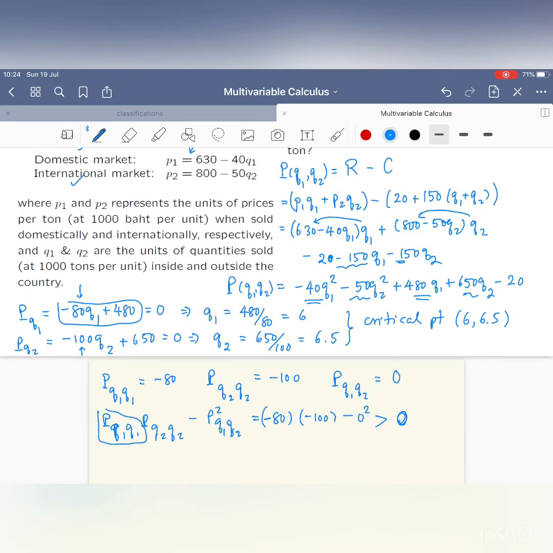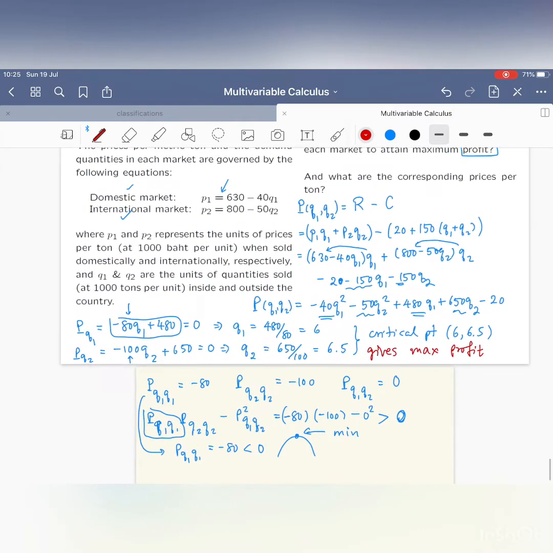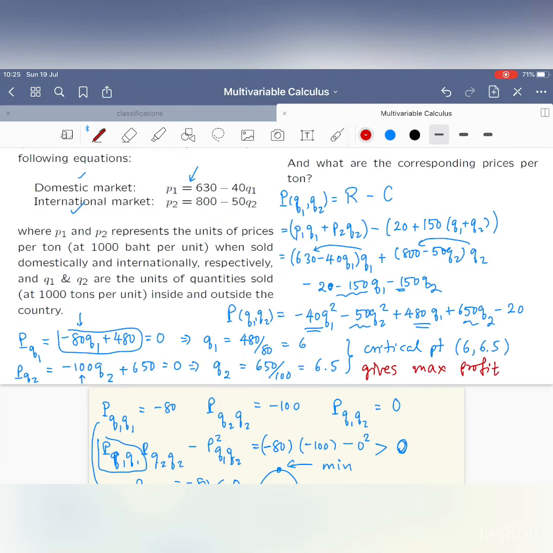Look at one of them, P sub Q1, it is negative 80, so the curve is downward. It means this critical point really gives you a maximum profit. What you need further is the corresponding price per ton.